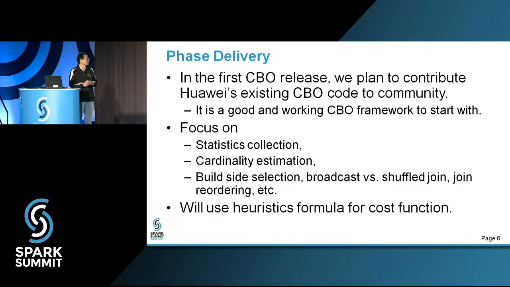And then based on that, we help decide, for the hash join, which side should be the build side. And also, on a cluster, we help decide whether or not we can broadcast one side. And also for the multi-way join query, we try to reorder the join operations. And we have been using a heuristic formula for the cost function.